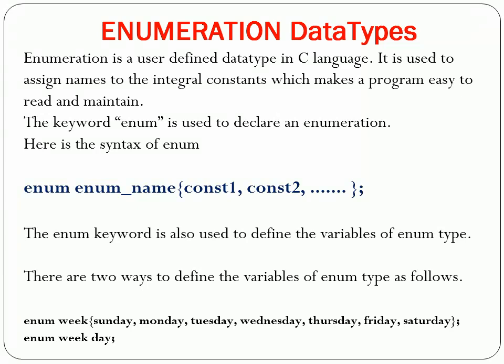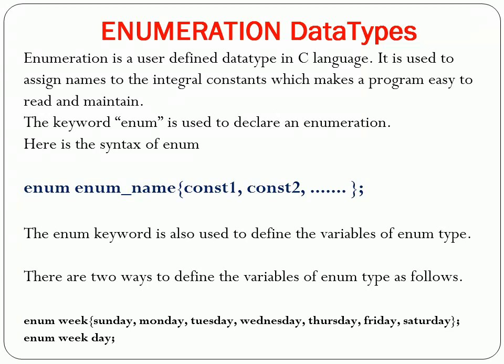Here we have also given two examples of how you can define variables for an enumeration data type. In order to use an enumeration data type in our program, we need to follow two steps to define the variables of the enumerated data type.